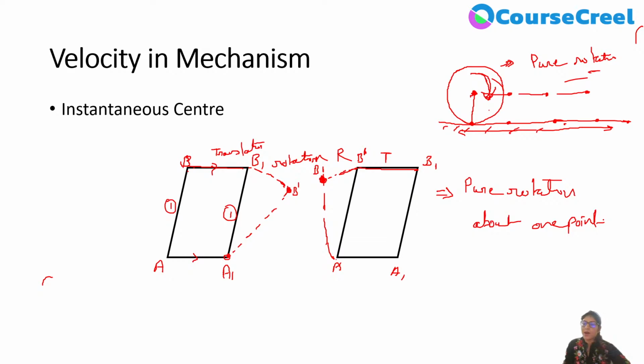Pure rotation about one point. So that point is known as instantaneous center. This point is known as instantaneous center. Right, so instantaneous center is nothing but the point about which our link is moving with pure rotation, so that point is instantaneous center.